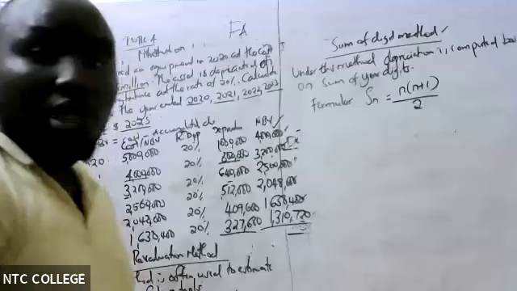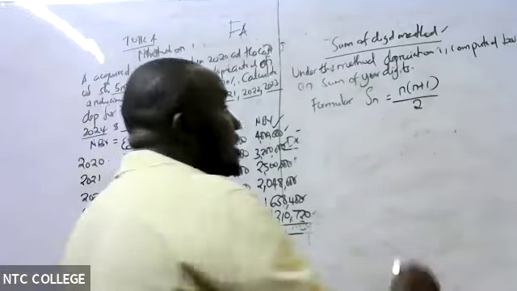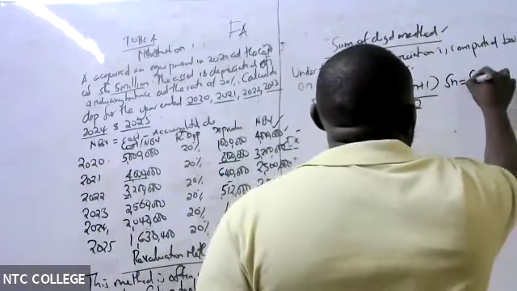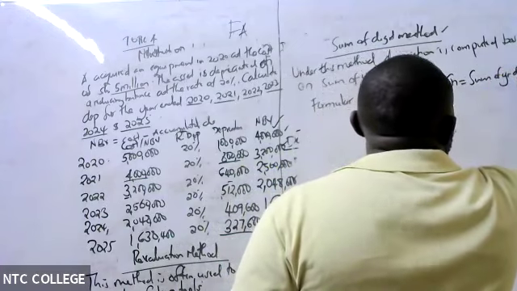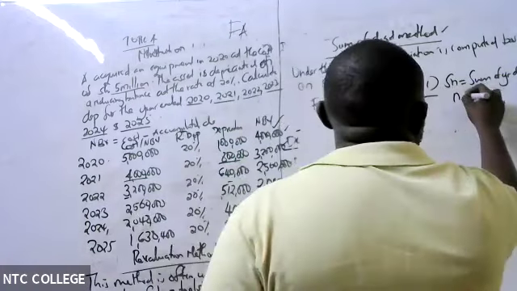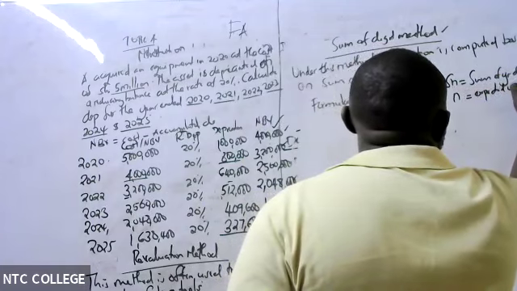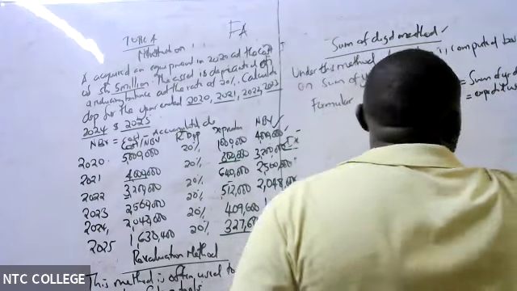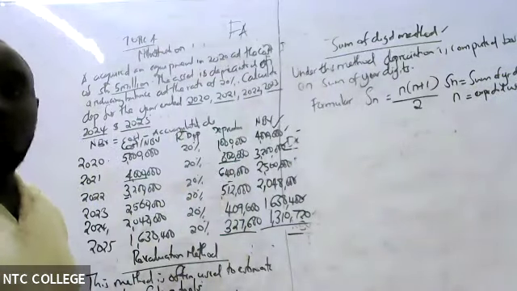Sn simply stands for the sum of year digits, and n is the expected useful life.